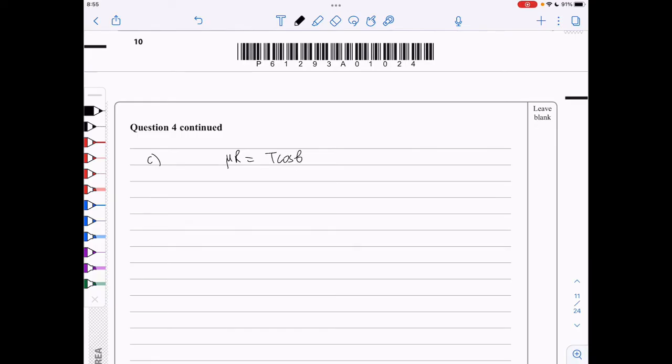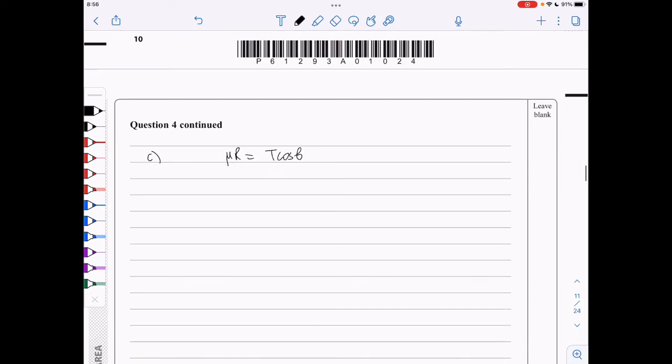I'm going to replace R with the value we just found. We know that μ is 4 over 5, R is 5 over 2 mg, T is 3mg over 2 sine β, and cos β is there.